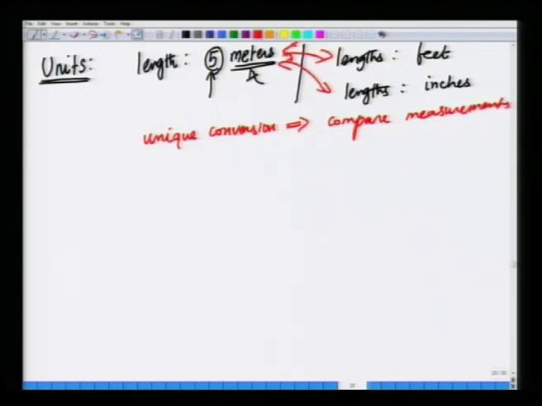So, units are not fundamental like dimensions.